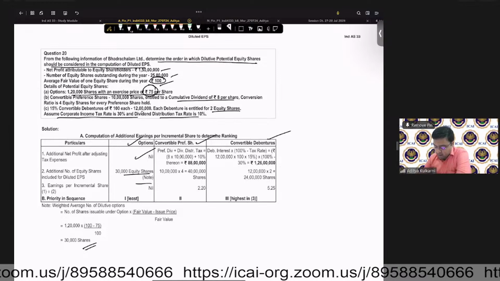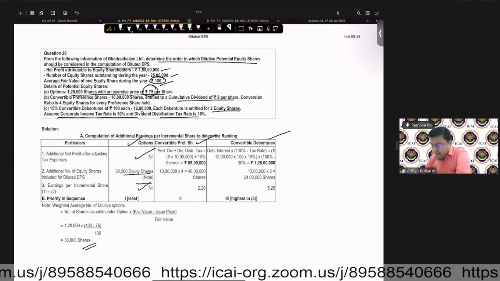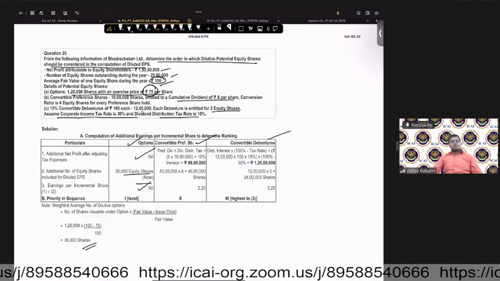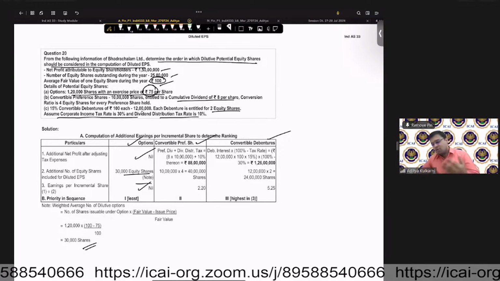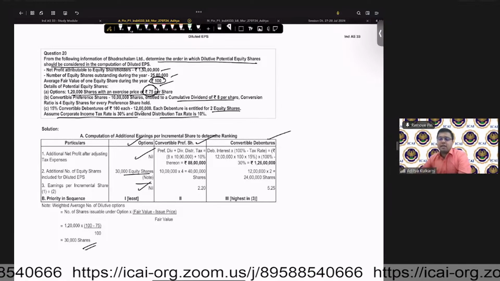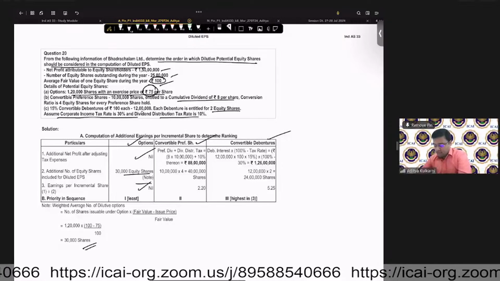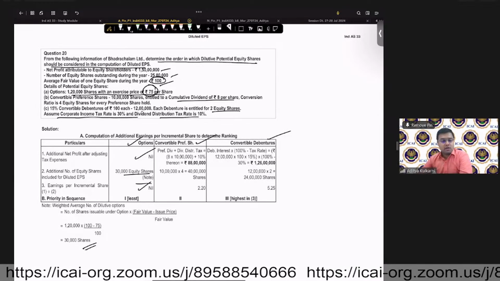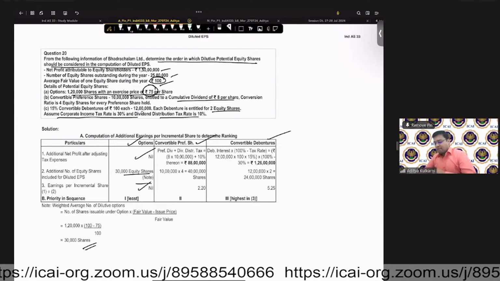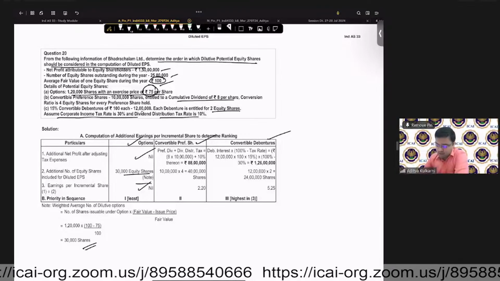Yes. So earnings per incremental share is 0. When option holders exercise their option and convert, the earnings per incremental share reduces. Okay, it is 0.